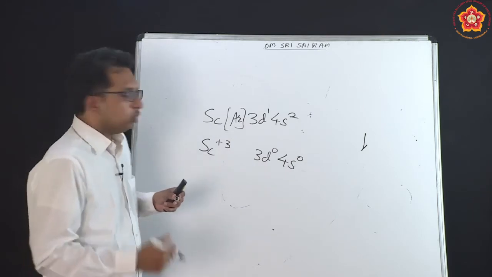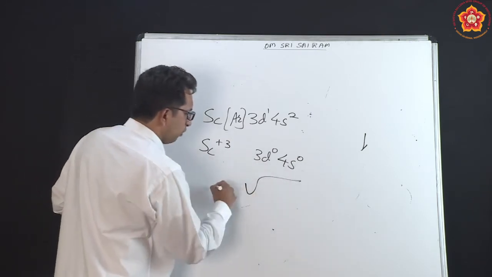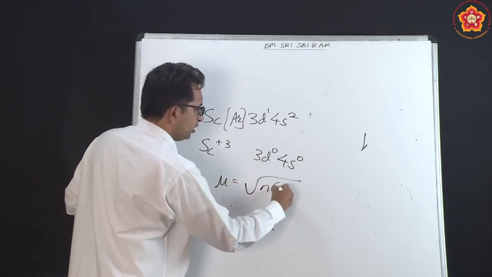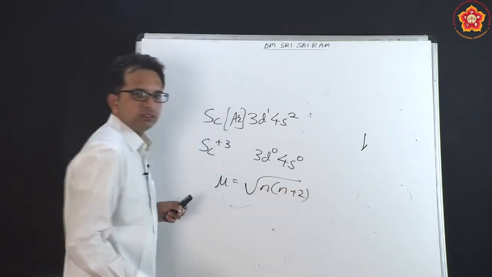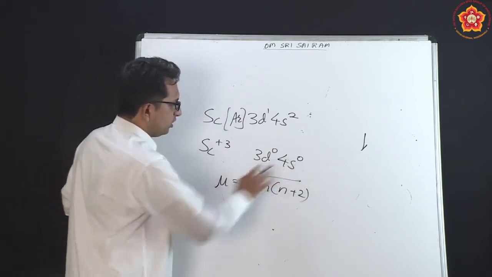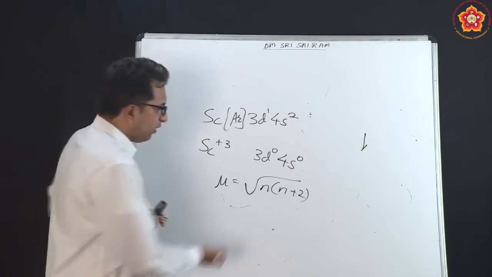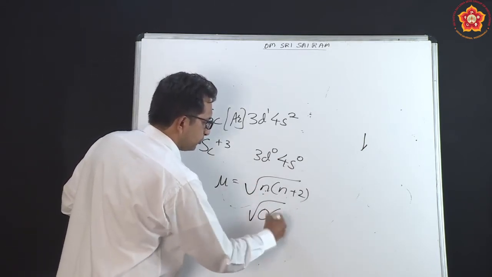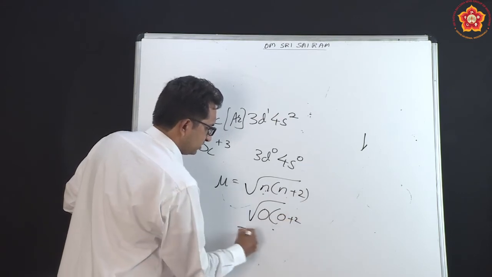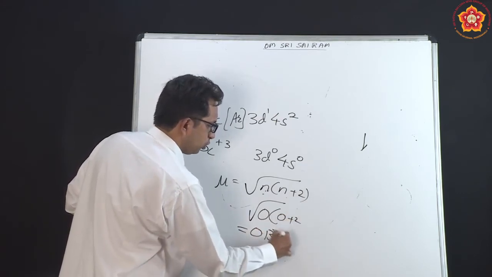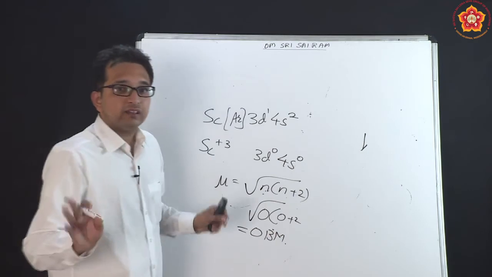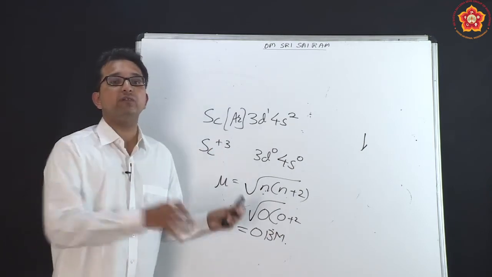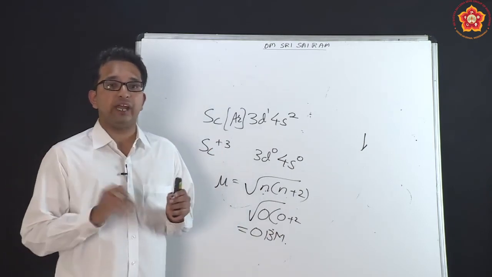When you use this formula, mu is equal to root of n into n plus 2, there is no unpaired electron available at all. So, the value of n will be 0. When I substitute this, it essentially becomes 0 Bohr magneton, which means there is no magnetic property associated with this ionic form of scandium.